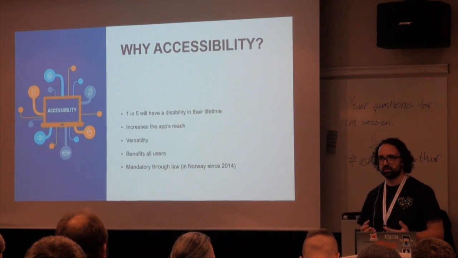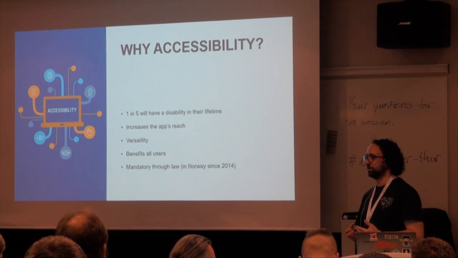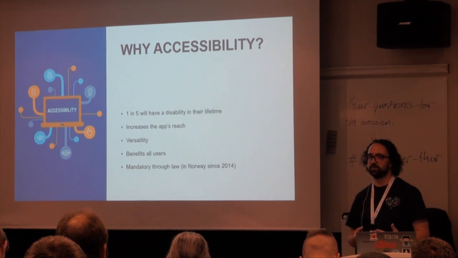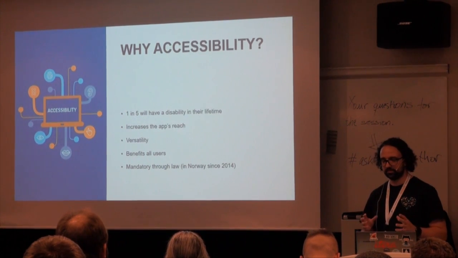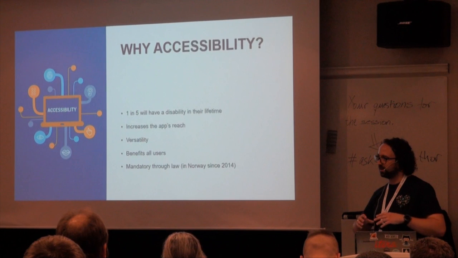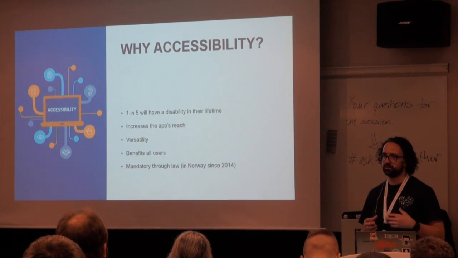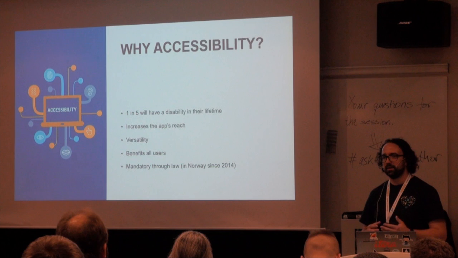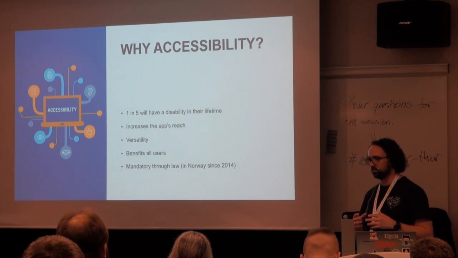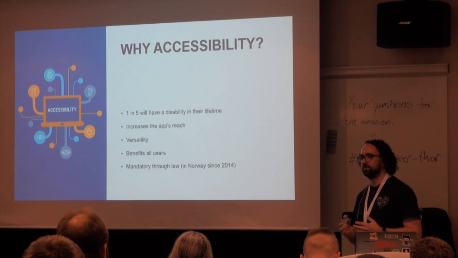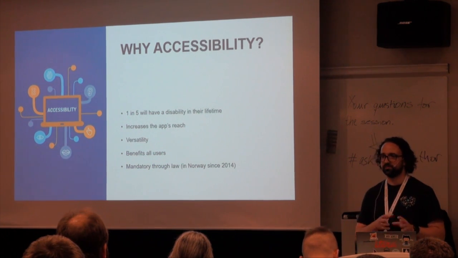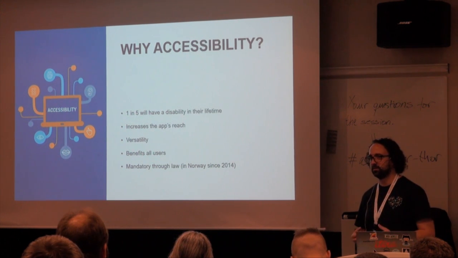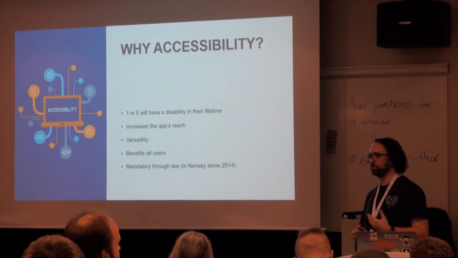And most of us, our sight will become less and less as we get older as well. So all of that ensures that a large amount of the population does have some form of disability at a given time. And that's why we need to really pay attention to this. It's not just for a small specific group. Accessibility helps all users, and at some point it will help you as well.